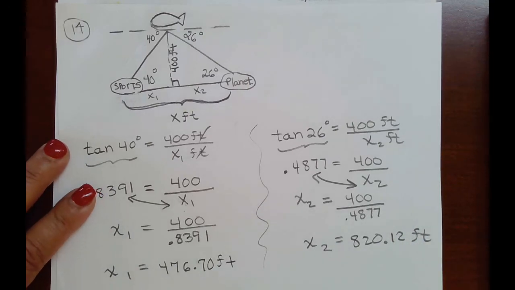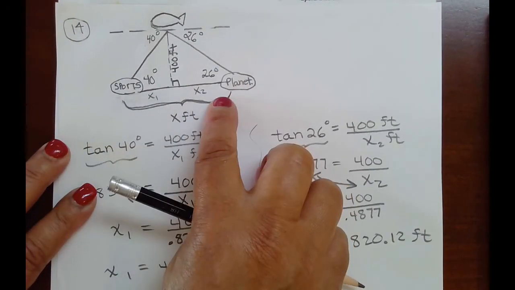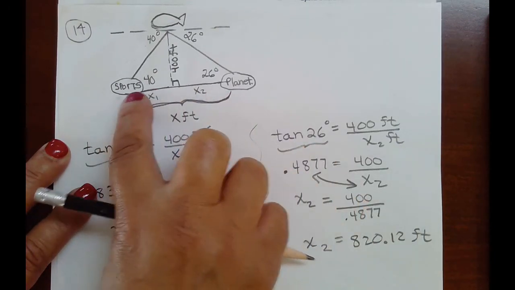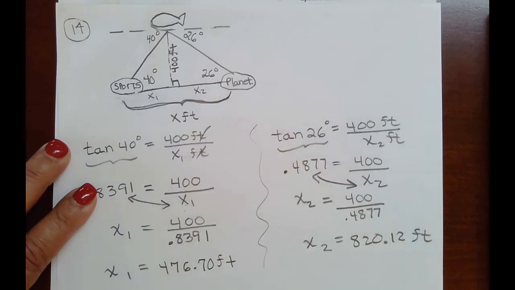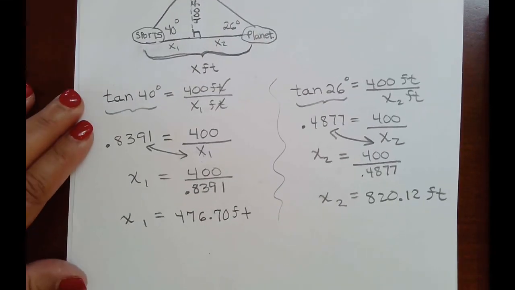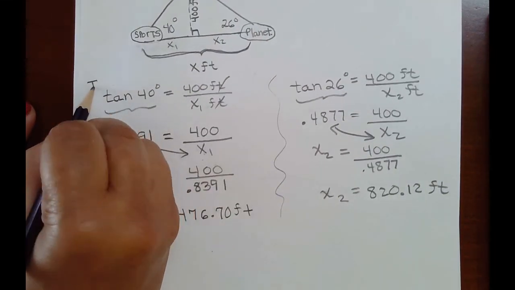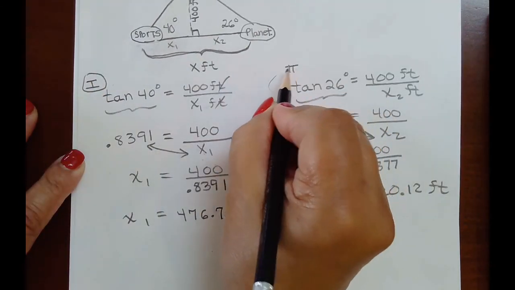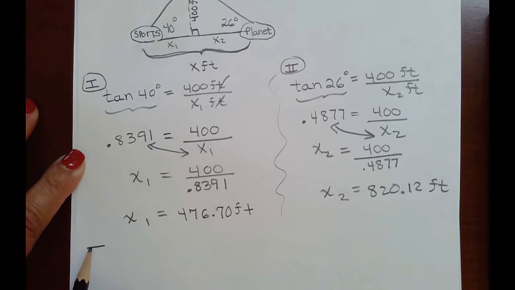And then if you want the total distance from here to here, from the sports stadium to the planetarium, just add up this distance, x1 plus x2. Okay, so this was part 1, part 2, part 3.